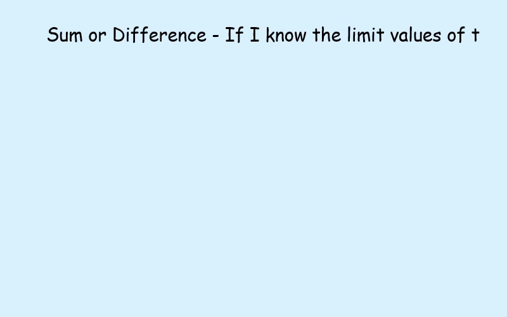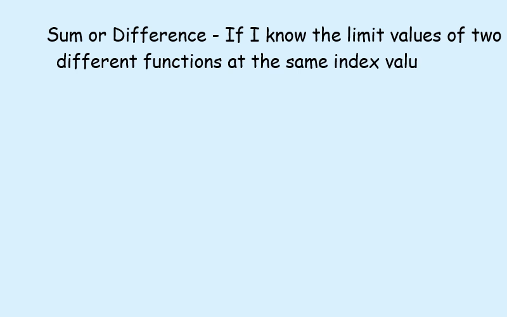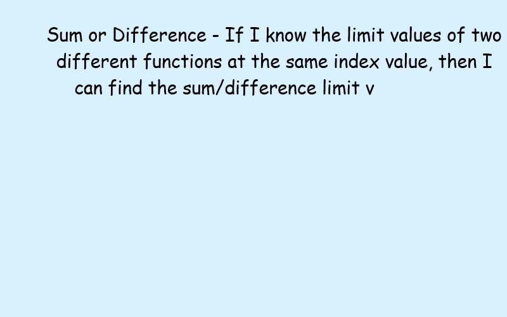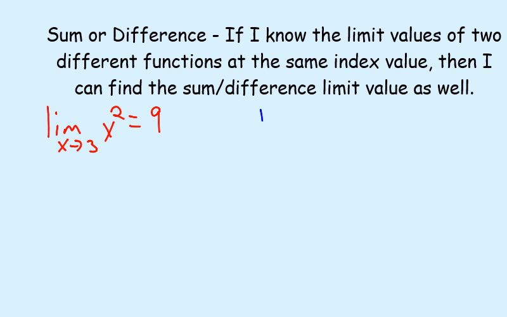Alright, sum or difference property. If I know the limit values of two different functions at the same index value, then I can find the sum or difference limit value as well. So let's take two different limit functions here. Limit as x goes to 3 of x squared, which is going to be 9. And then I can also take the limit as x goes to 3 of 2x minus 1, and this will give me 5.